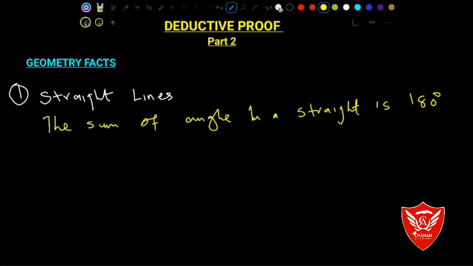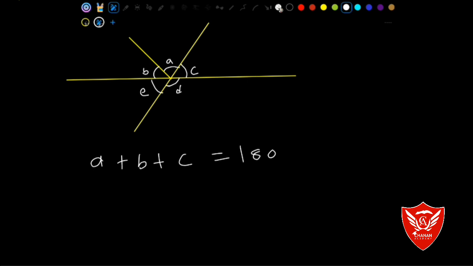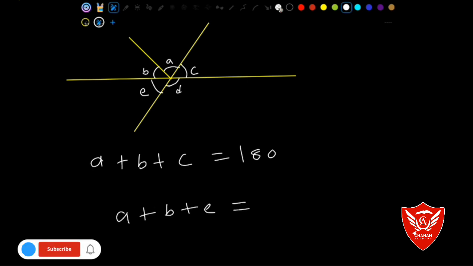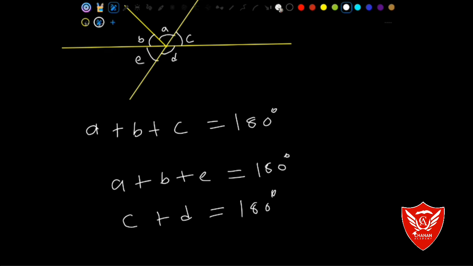Now suppose we have, look at this, A plus B plus C, they are all in a straight line, so they are equal to 180. So that's what that fact is saying. Also, A plus B plus E are also in a straight line, so they are equal to 180. And if you check very well, C plus D are also in a straight line, that's 180 degrees. They are all in degrees. Okay, so that's the first fact we need to know.